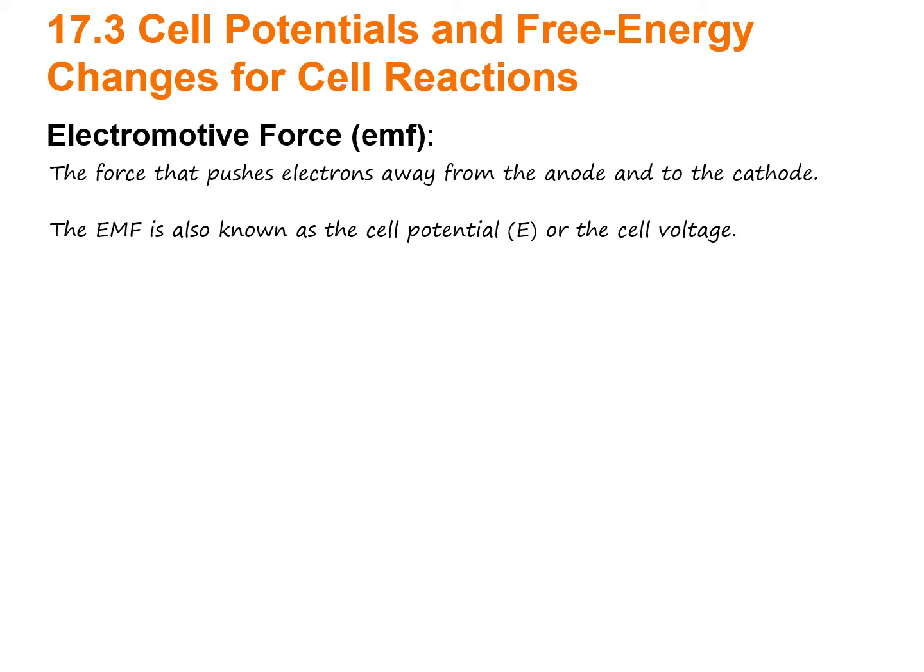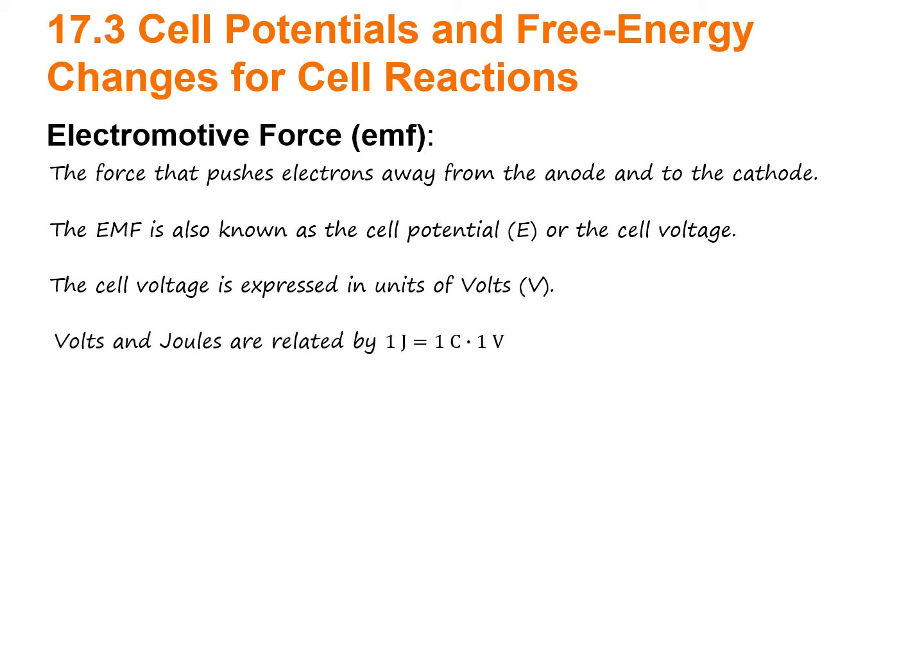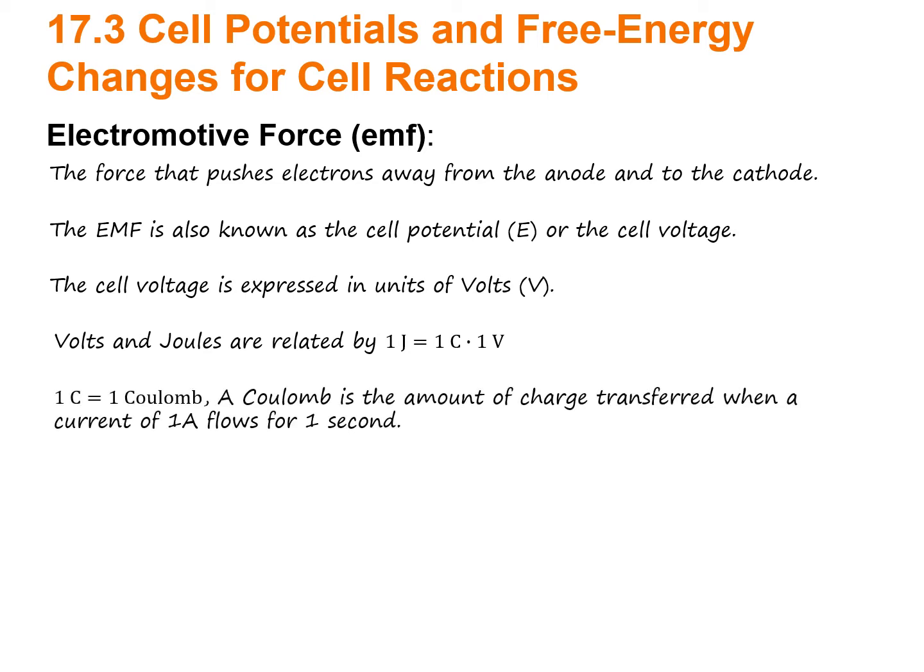The cell voltage is expressed in volts, denoted by a capital V. We should remember, and this will come in handy later, that 1 joule is equivalent to 1 coulomb times 1 volt. And 1 coulomb is the amount of charge transferred when a current of 1 ampere flows for 1 second.